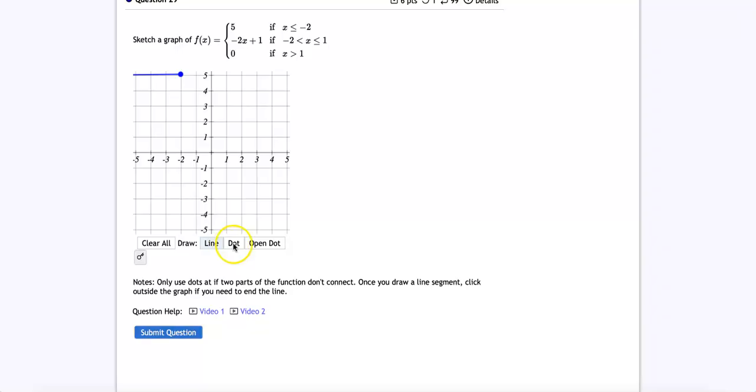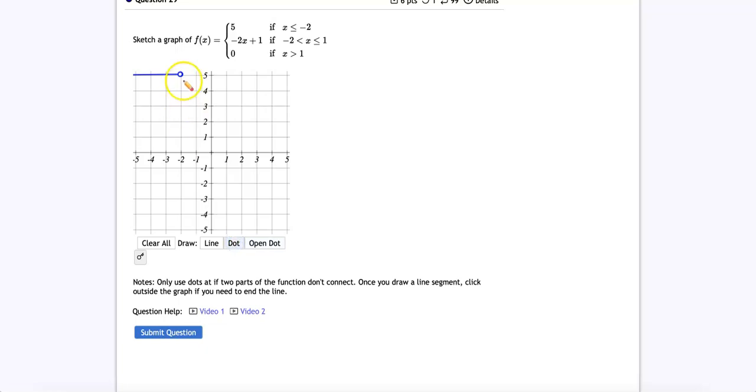Now, I can notice that the open dot would be located here at 5 in the same location where the closed dot is. And if I put an open dot on top of that, that wouldn't be good because it would eliminate the closed dot that I already have.